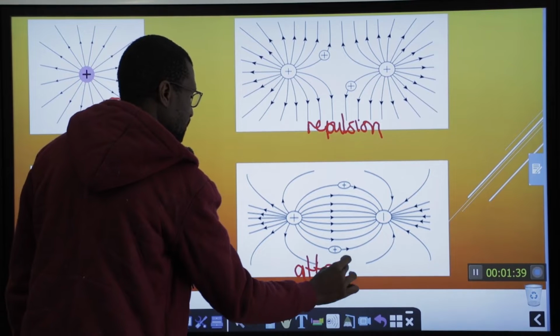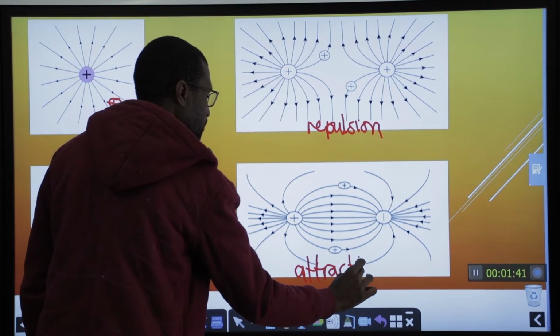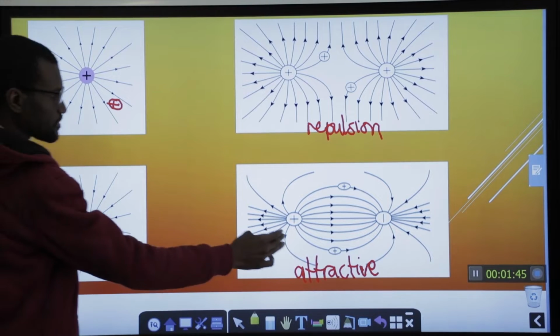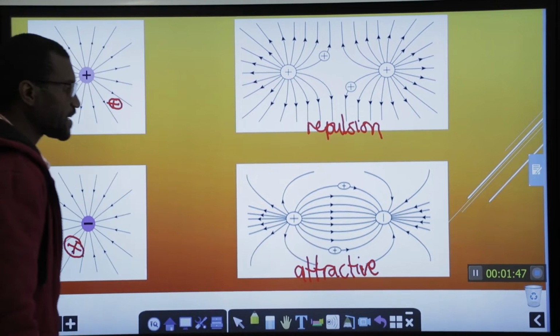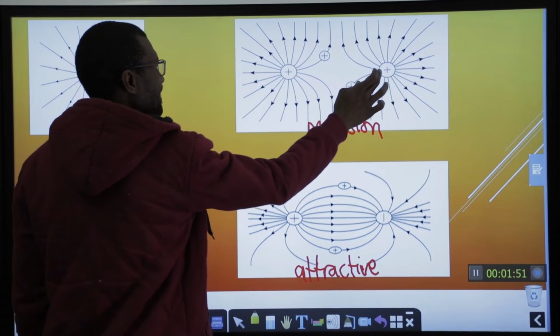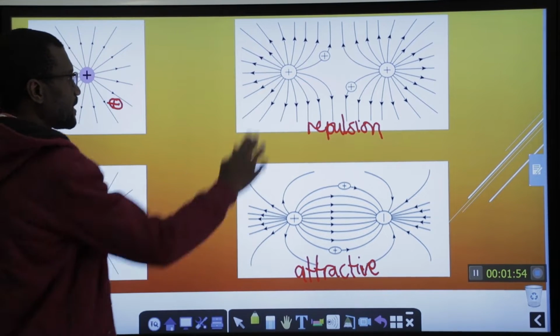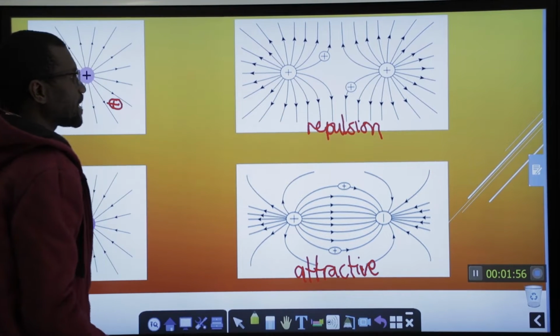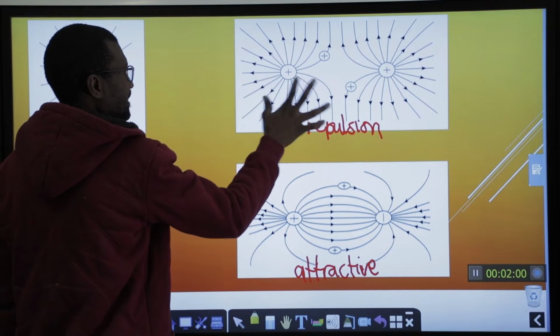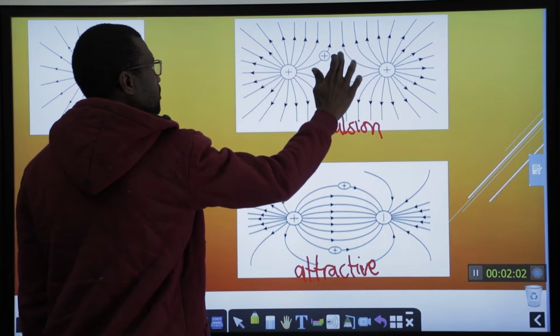I think you must remember from your work from previous grades what happens when you've got a positive and a negative. The only difference between a positive and a negative, and a negative and a negative, is that the negative will have arrows pointing towards the negative. The arrows will change direction.